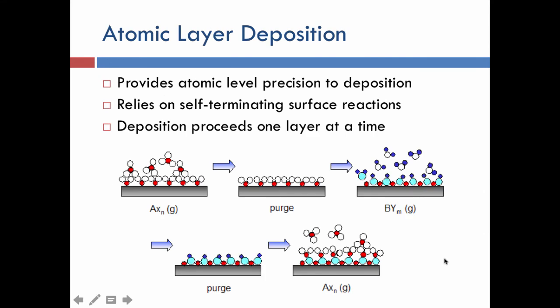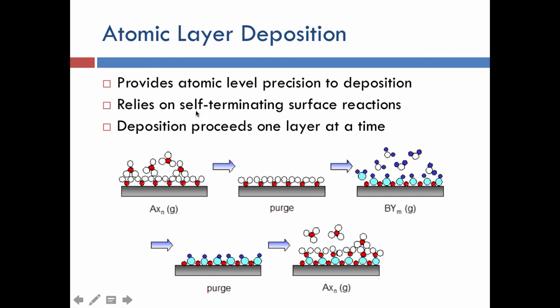Now let me talk about one approach that you might think about if you were smart and you were tasked to create atomically thin layers, and this might be the way that you'd think of from a top-down approach. This is called atomic layer deposition. Now this provides the atomic level precision that we want in a deposition setting where we have a substrate and we want to add something to it.